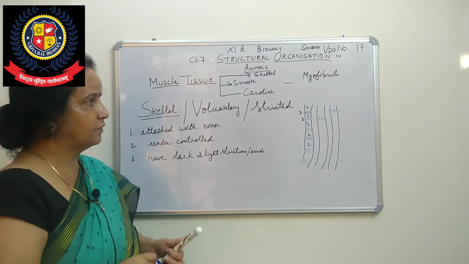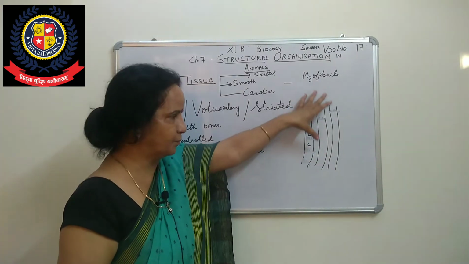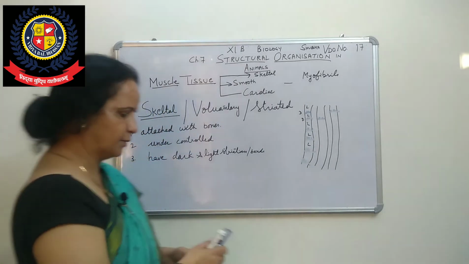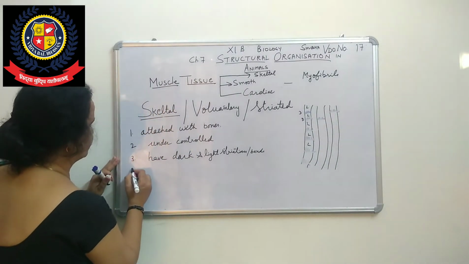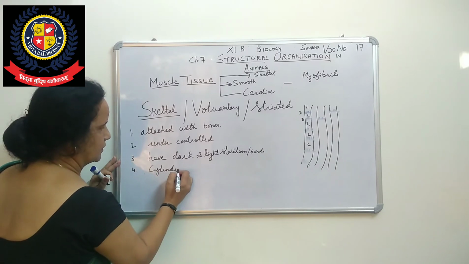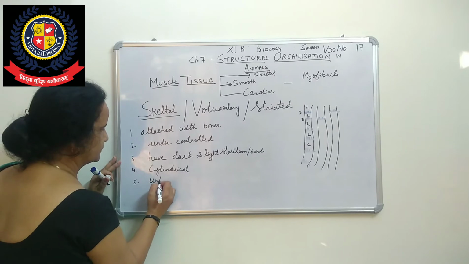Now these filaments, myofibrils, are arranged in parallel, cylindrical and unbranched. So we can write about the structure: these are cylindrical, unbranched.